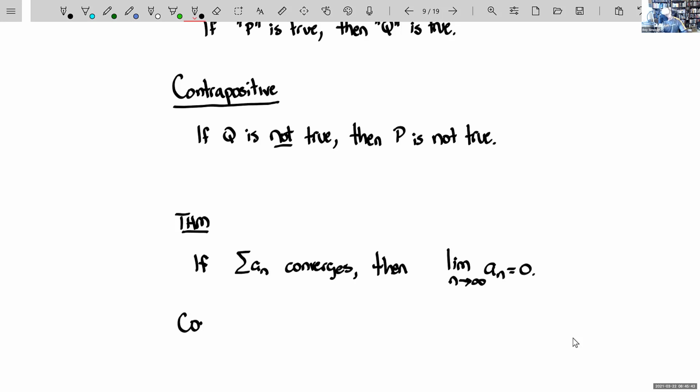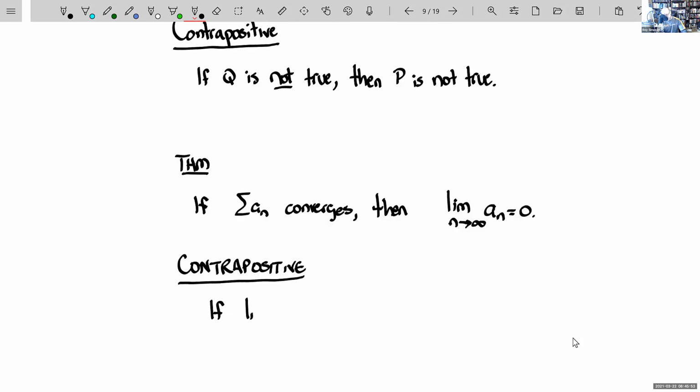The contrapositive, which is also true, is the following. If the limit of the base sequence is not 0, then the series a sub n does not converge. That is, it diverges.